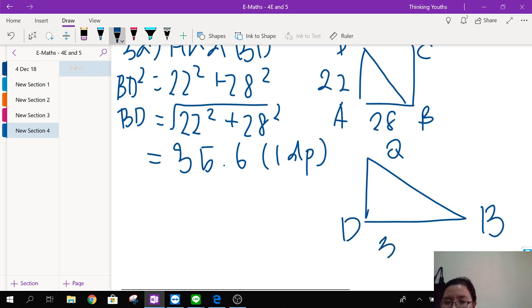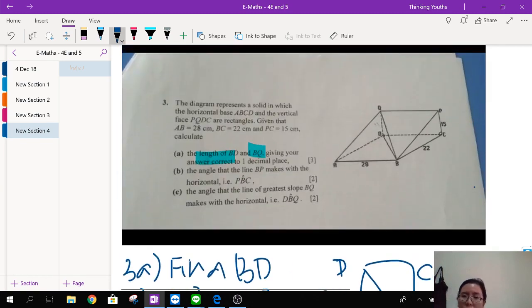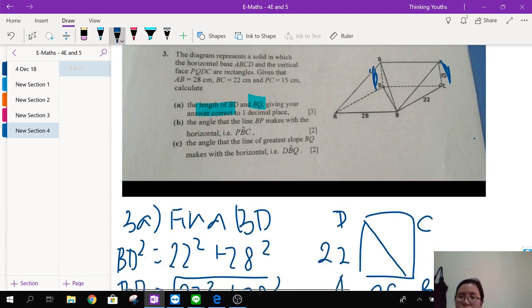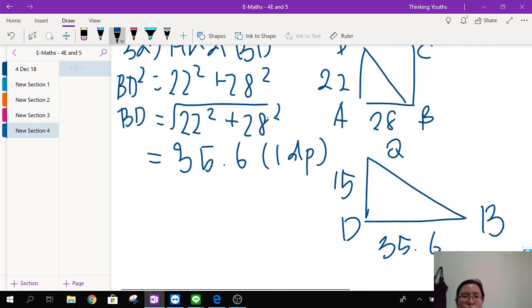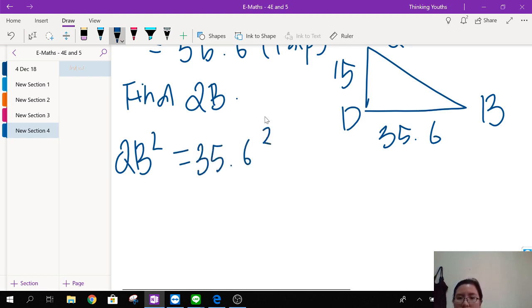BD you already found is 35.6. The height is 15, because the height here is always the same for both. So we use Pythagoras theorem again to find QB. QB squared equals 35.6 squared plus 15 squared.